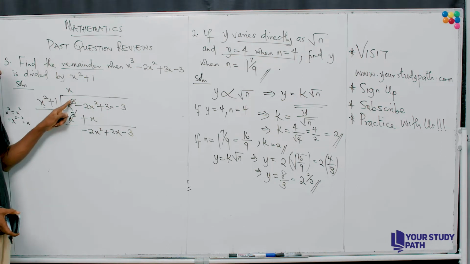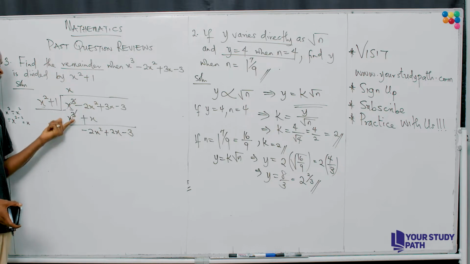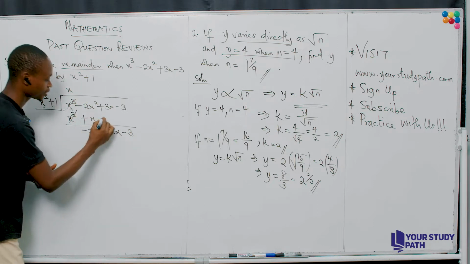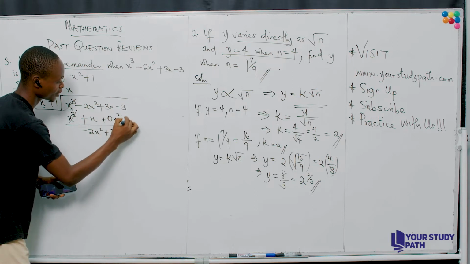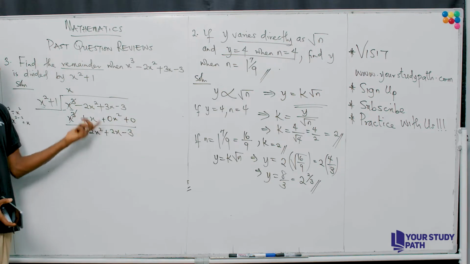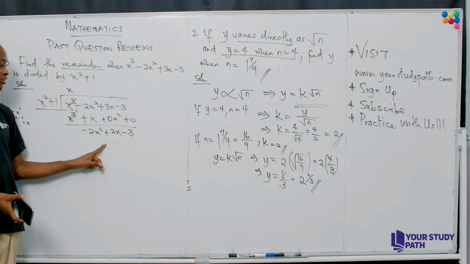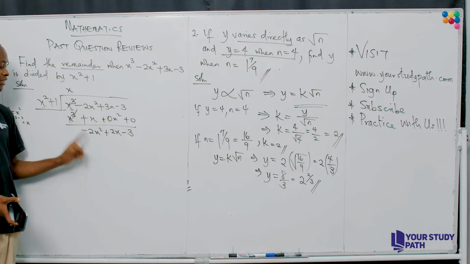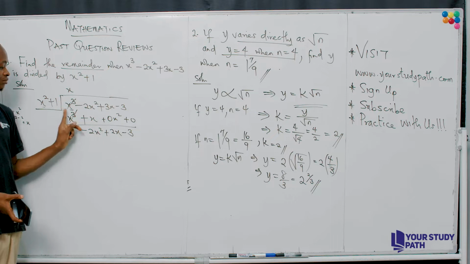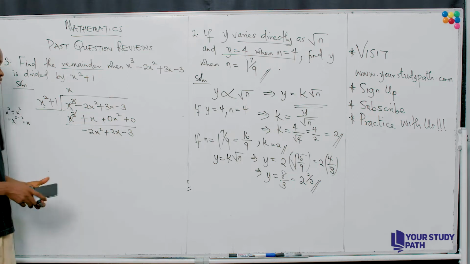You have x cubed minus x cubed, that's 0. Minus 2x squared minus 0x squared, you have minus 2x squared. 3x minus x, you have 2x. Minus 3 minus 0, you have minus 3. That's also what we are saying.